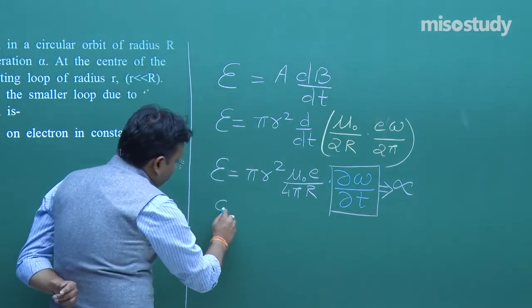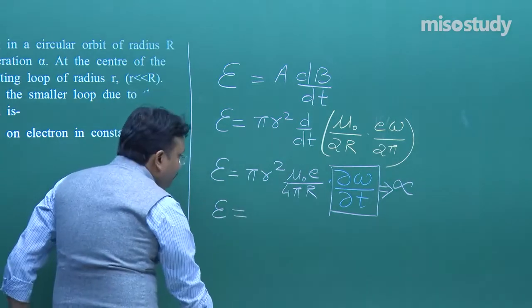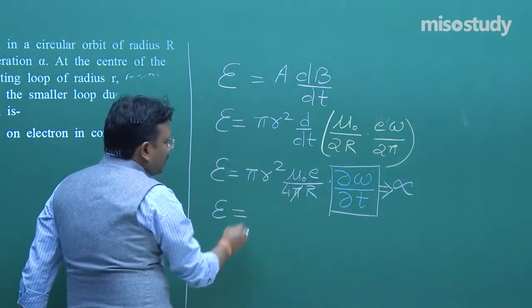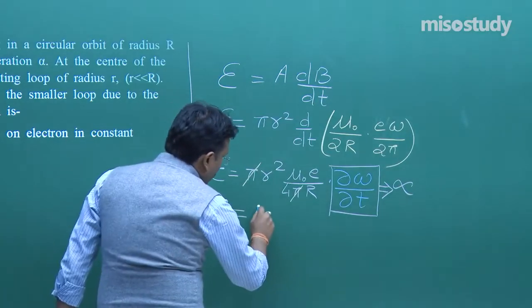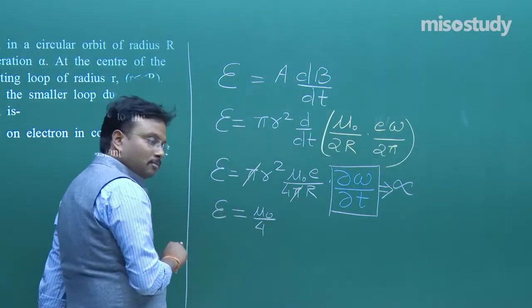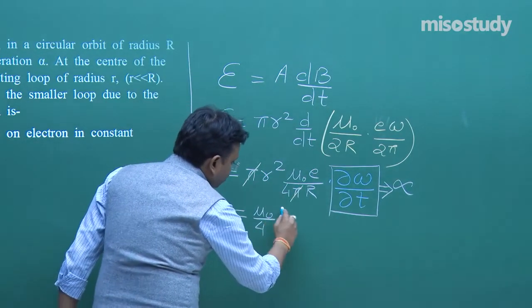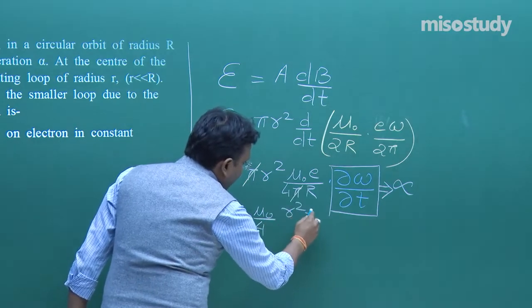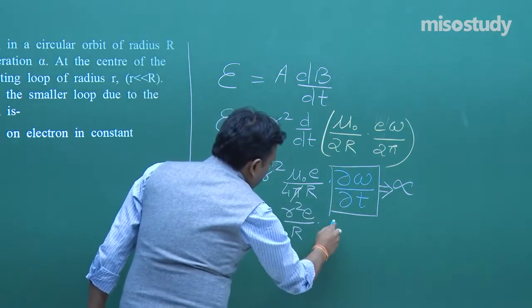We can write down the induced electromotive force is equal to pi cancelled, mu naught upon 4, r square E upon r into alpha.